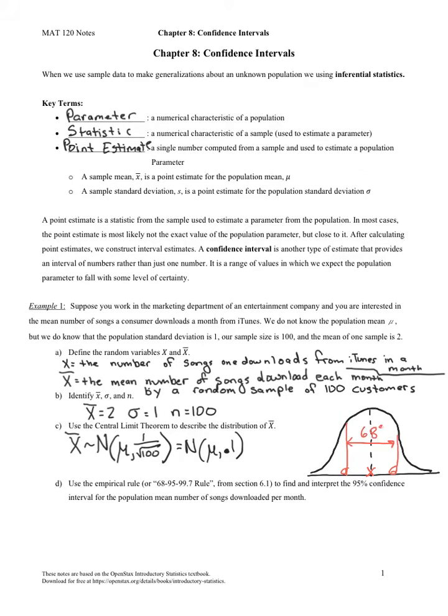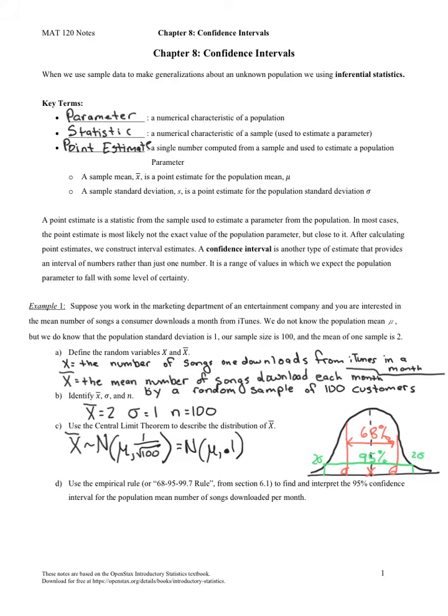And you might recall from Chapter 6 that 95% of our data falls within 2 standard deviations of the mean.